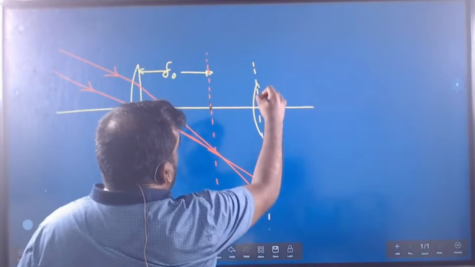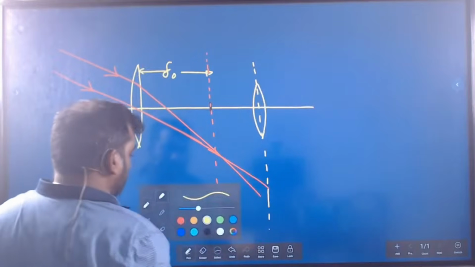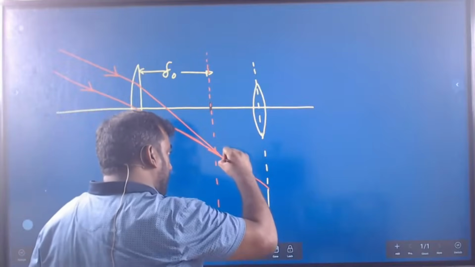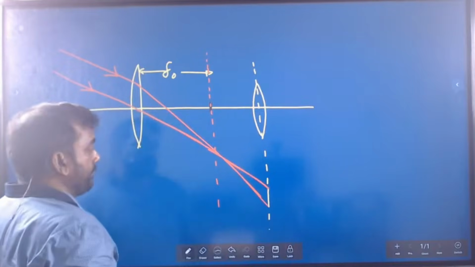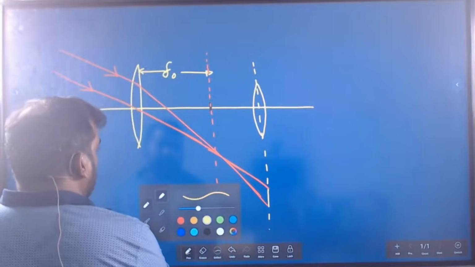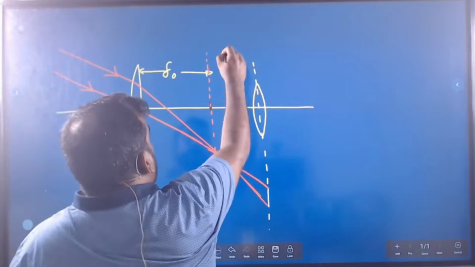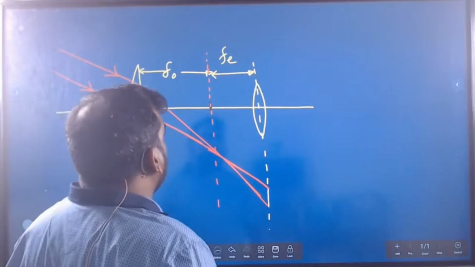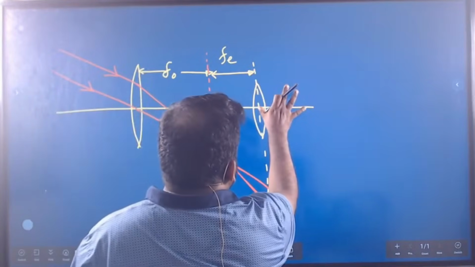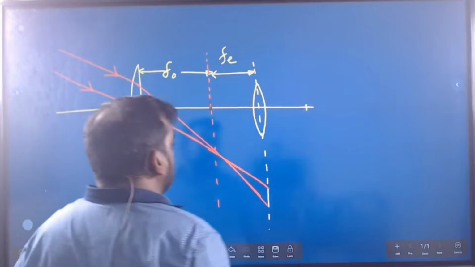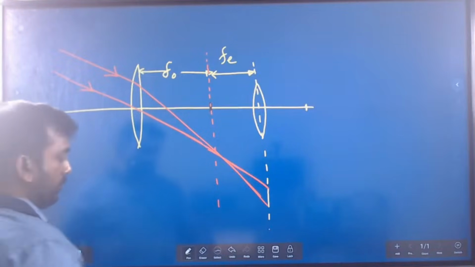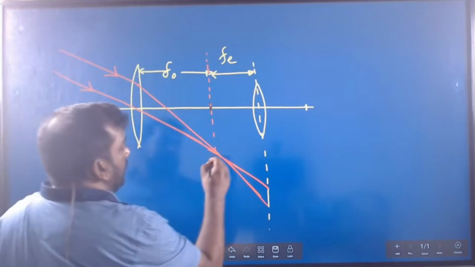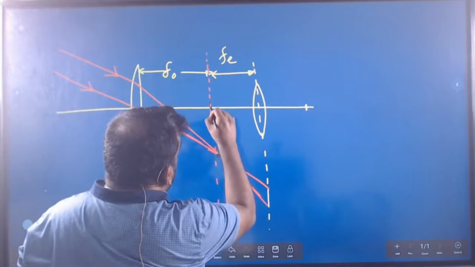Here you have the eyepiece. So light rays coming here, light rays coming there. Here, focal length of eyepiece. This distance, let's say that distance A. Remember, you must draw only how these two rays behave. So, image formed here.